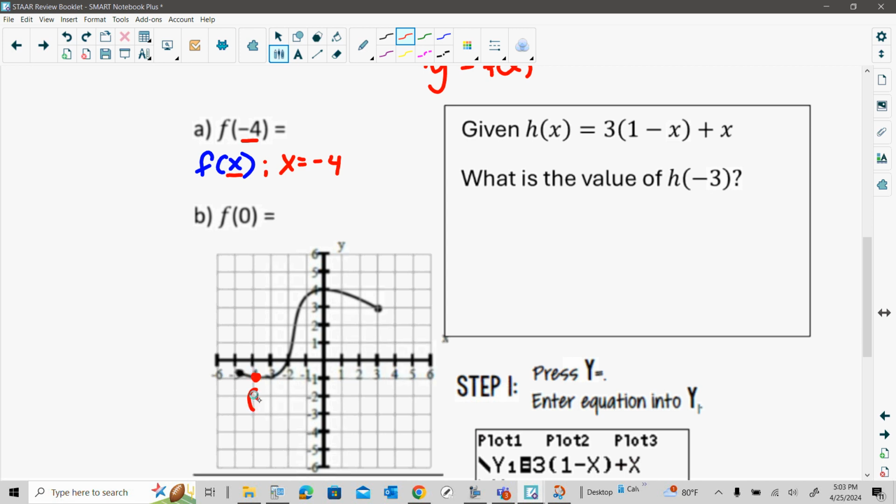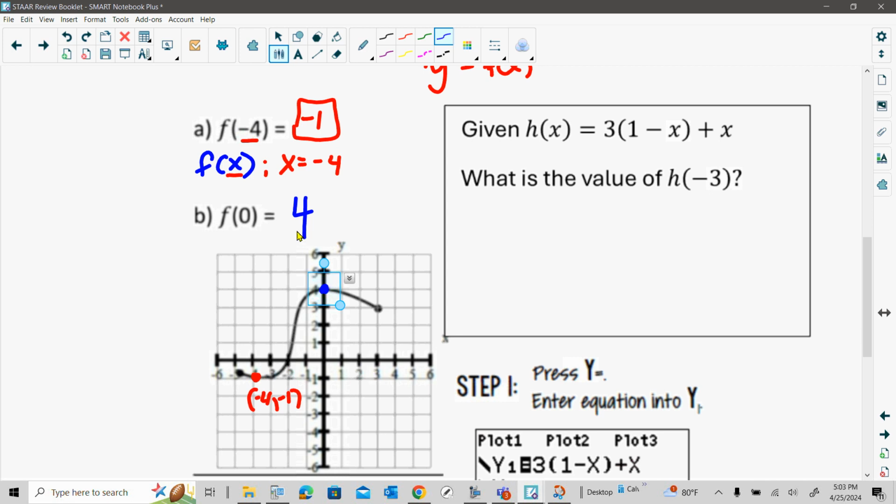That point is -4, -1. So my output is a -1. Okay, you want the y value. All right, so think about this if you're doing f of 0. X is 0, there, right there. So hopefully you got your y is 4.